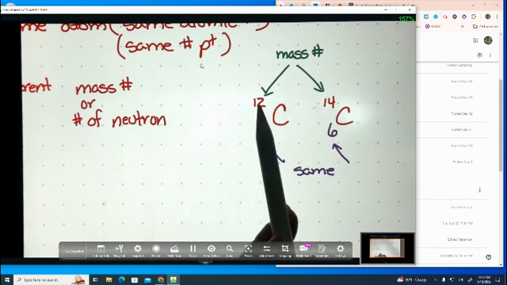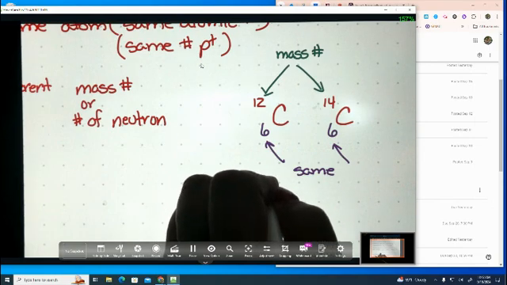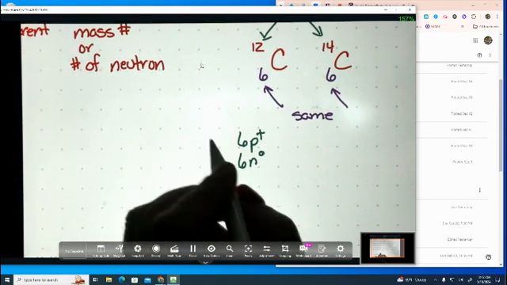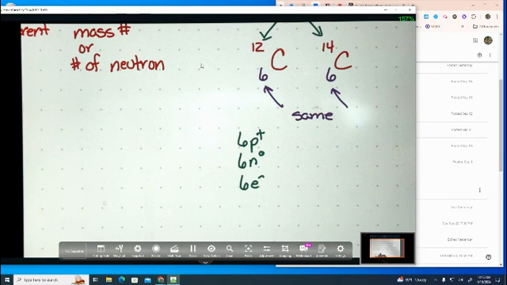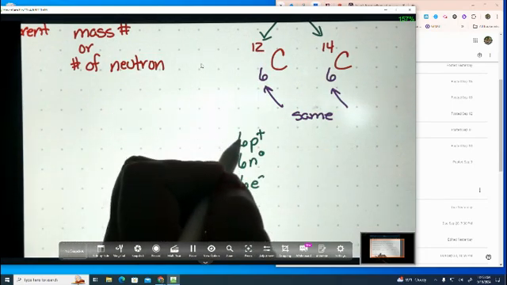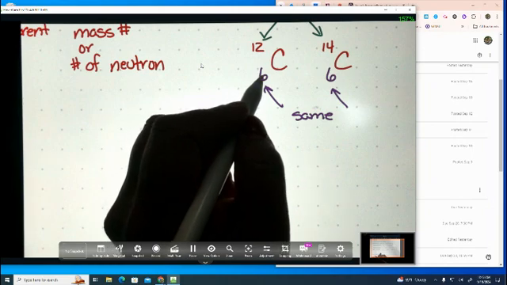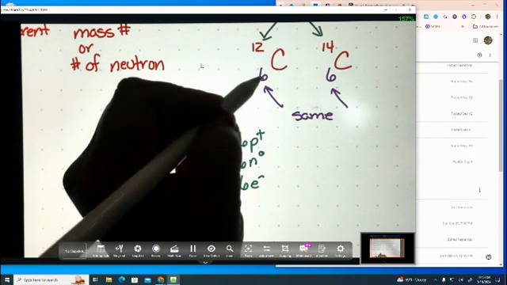If this has a mass of 12, how many protons does it have? 6. How many neutrons does it have? 6. How many electrons does it have? 6. Okay, so now, Ladena, ready? You've got 6 protons. That's this number right here. The neutrons come from when you subtract these two.